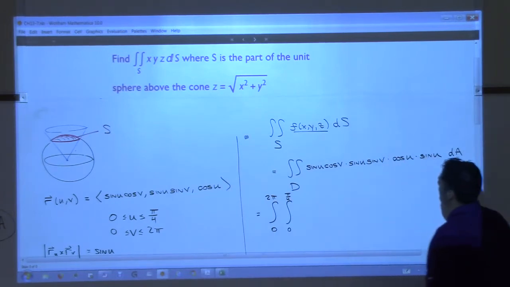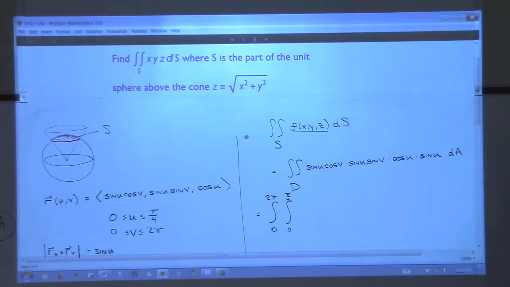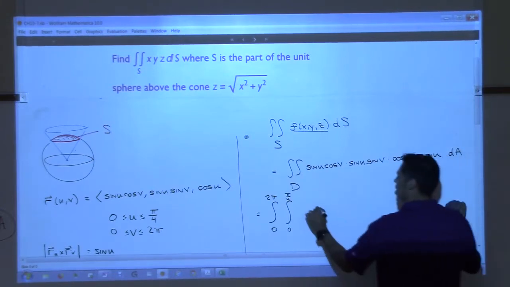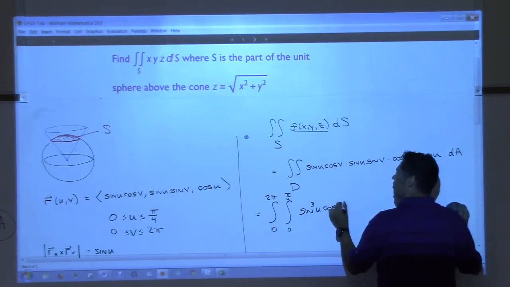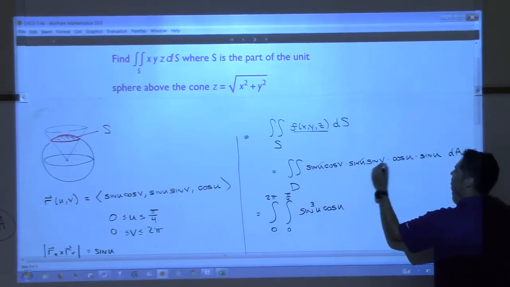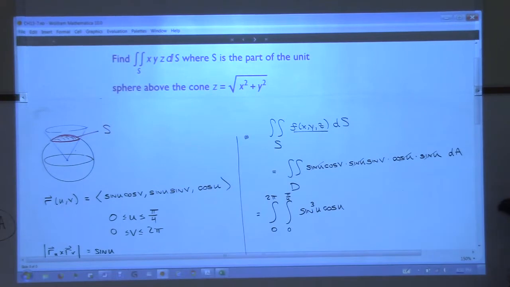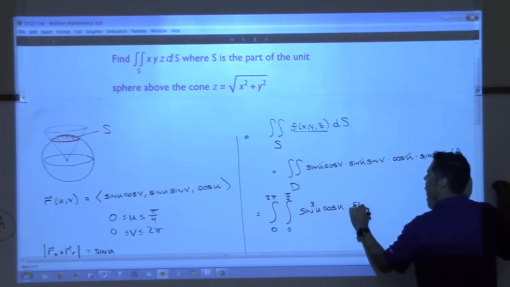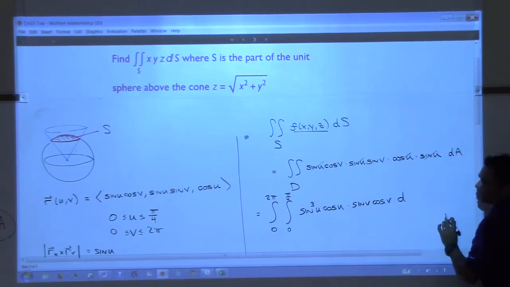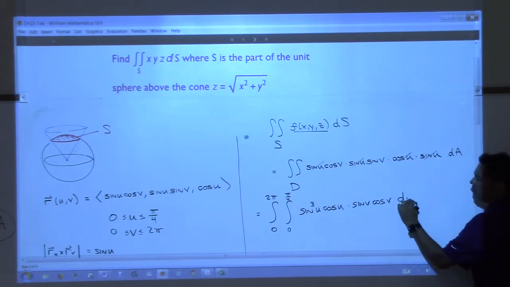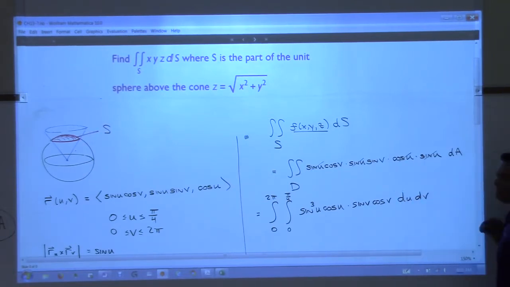And now sine cubed u cosine u. I'll put all the sine and cosine, all the u stuff together: sine u, sine u, sine u, cosine u. And then in terms of v, I have sine v cosine v. And then which one's my inner one? du, and then dv.